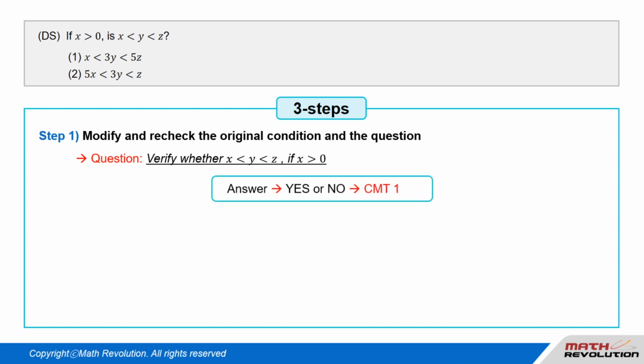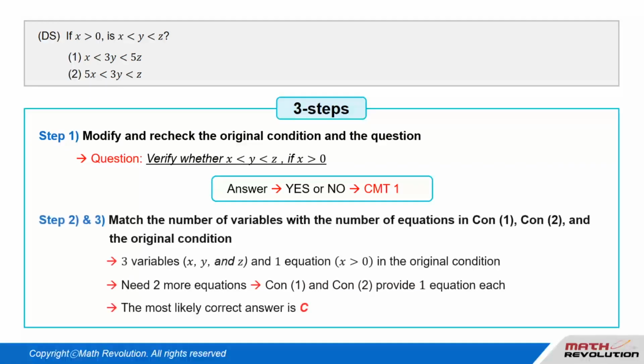So the answer to this question will be in terms of a unique yes or no, which is called Common Mistake Type 1, that is CMT1. This is a 50-51 level question. In particular, integer and statistics questions frequently appear in the exam, but inequality questions also appear in the exam from time to time. Follow the second and the third steps.